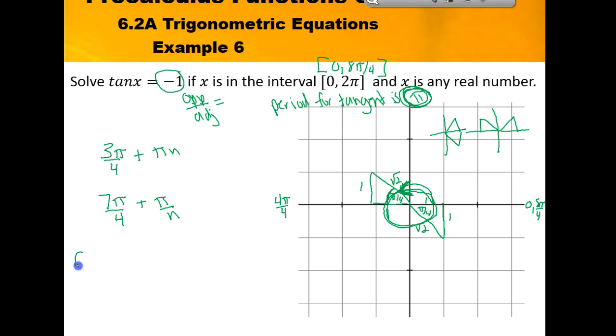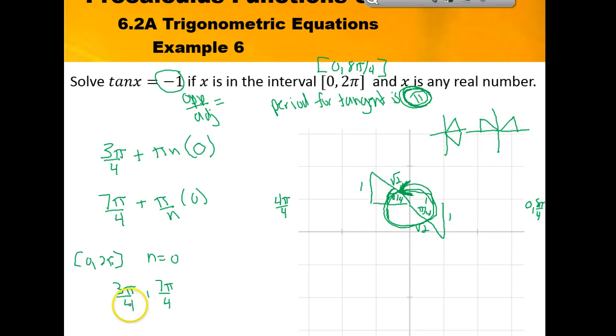When n equals 0, I get 3 pi over 4 and 7 pi over 4, right? But what happens when n is 1?